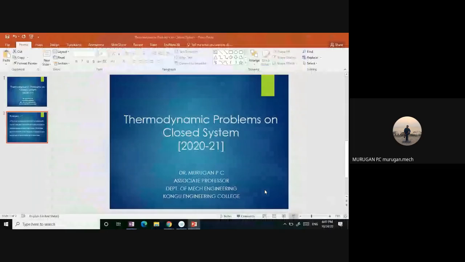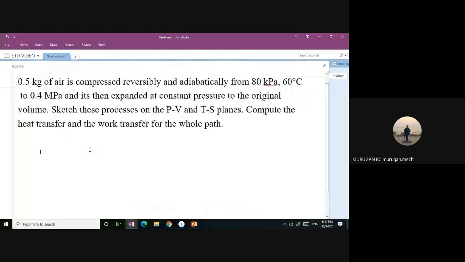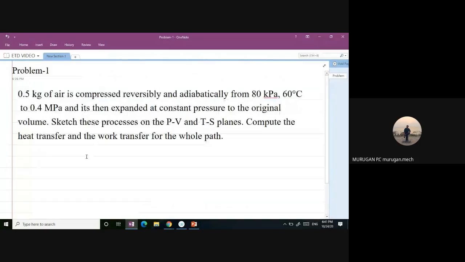Whenever a problem is given on thermodynamics, we have to read the question twice. First, we have to understand the concepts and identify what data are given.